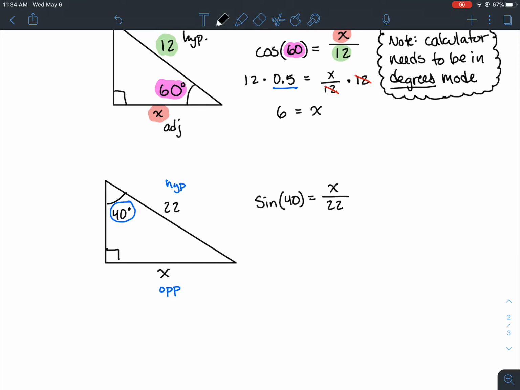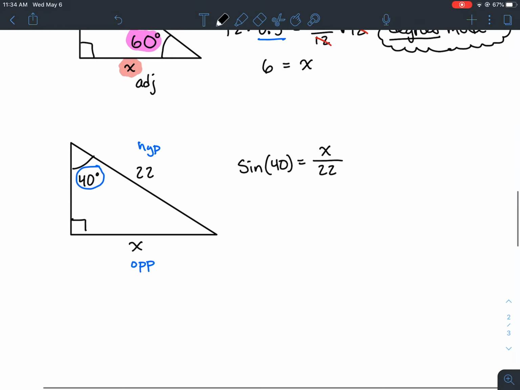In my calculator, I hit sine of 40, and I get a decimal of 0.642787, and so on. So we're going to round that to 2 decimal places, 0.64. So sine of 40 is 0.64, which equals x over 22.